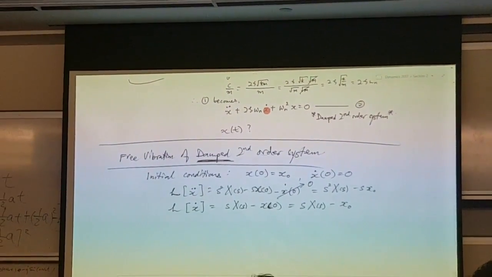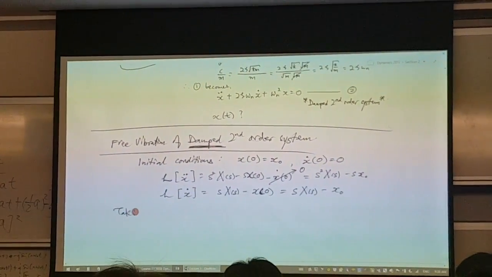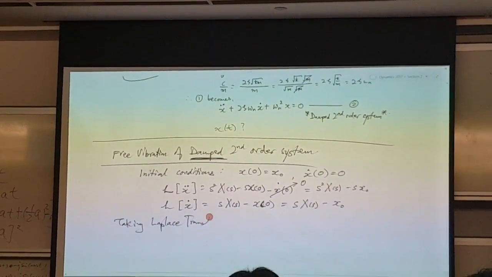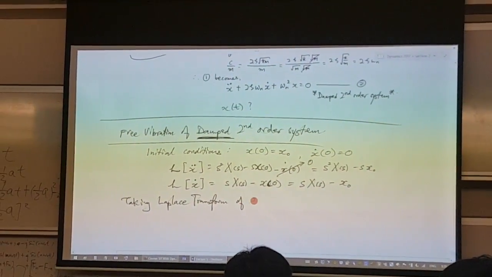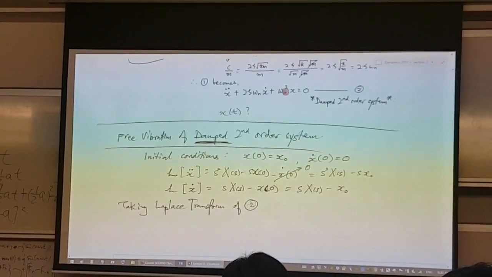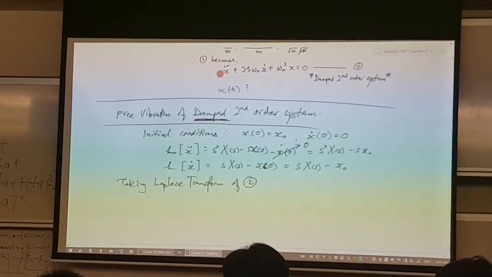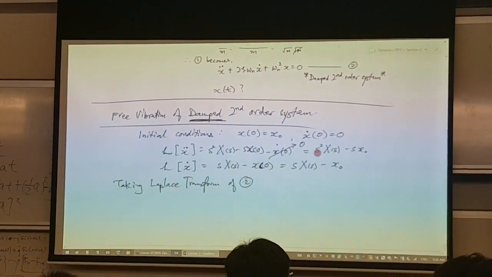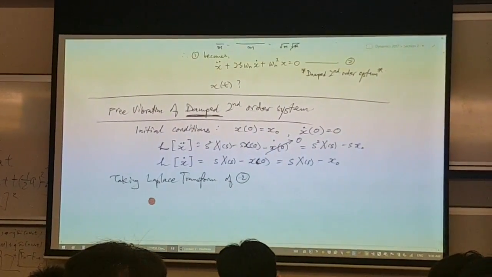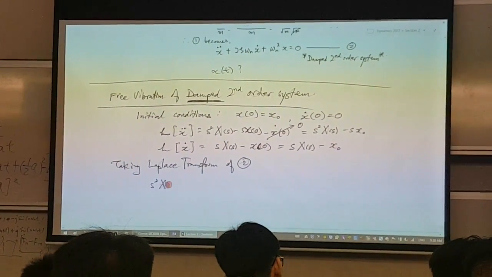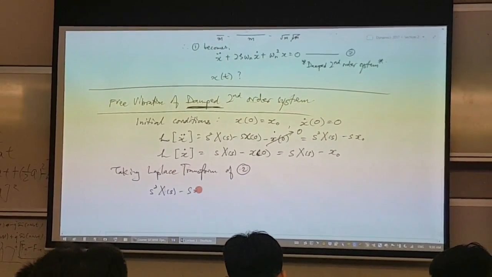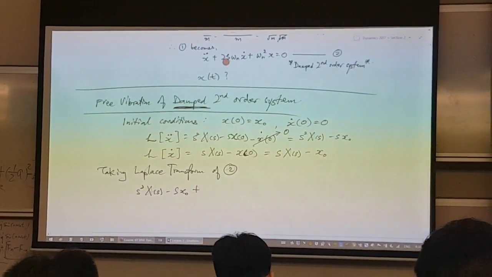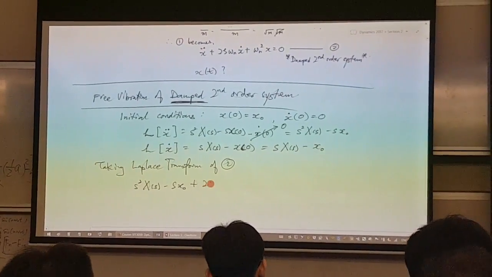So now, if I take Laplace transformation of this equation 2, the Laplace transformation of x dot dot becomes the term I just solved, s squared X(s) minus s x naught, plus 2 zeta omega n.